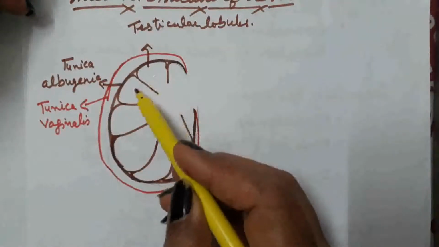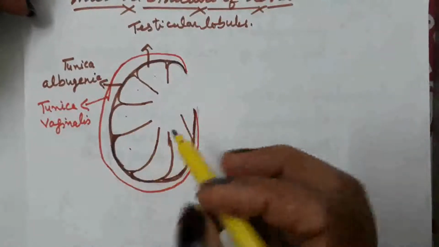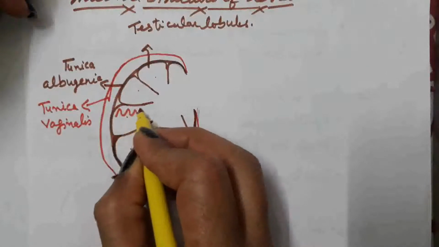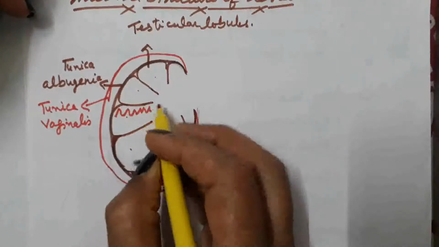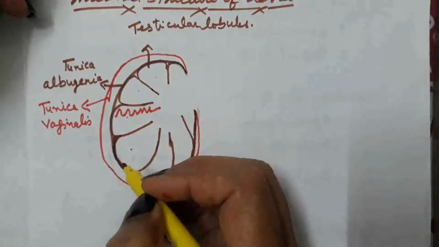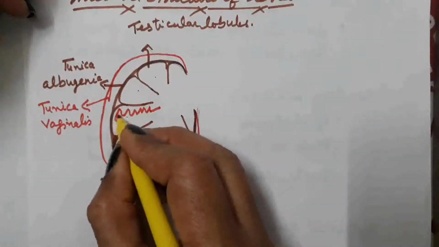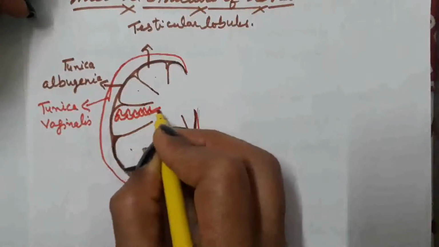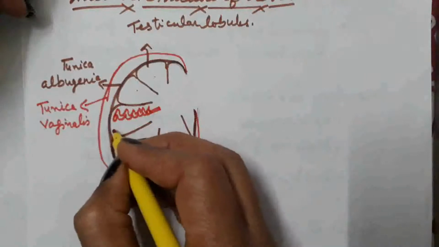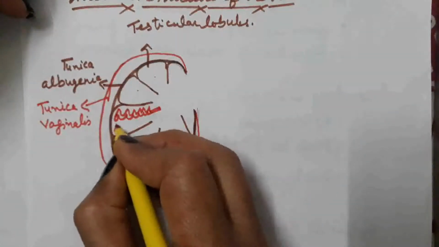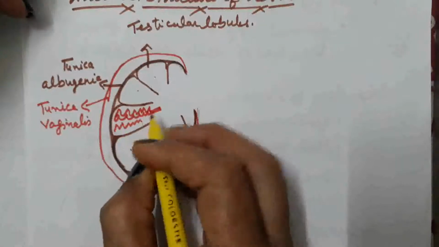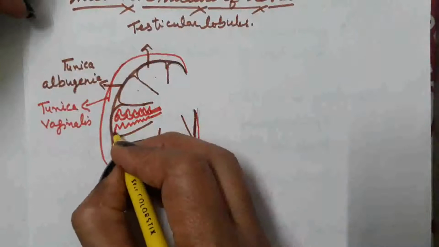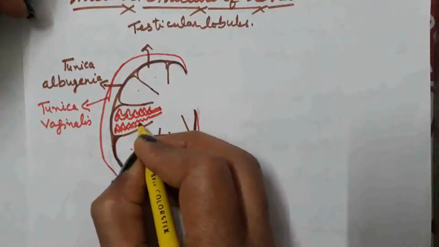Inside these testicular lobules are present coiled tubule-like structures which at the end become straight. The number of these coiled tubular structures in a testicular lobule may be 1 to 3.